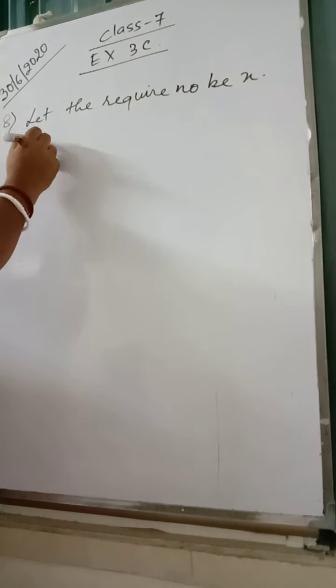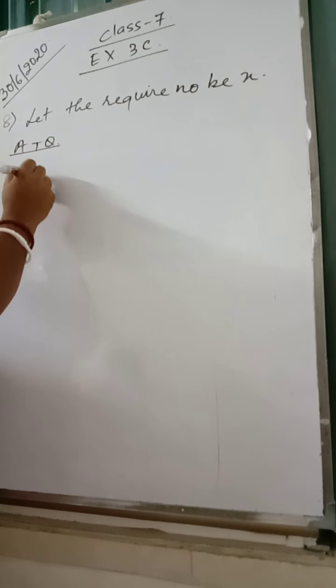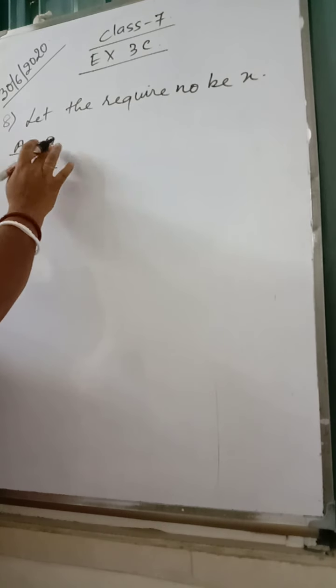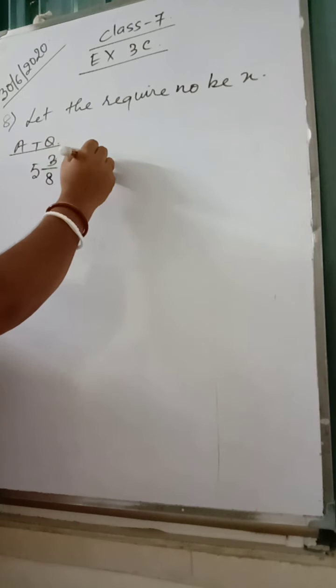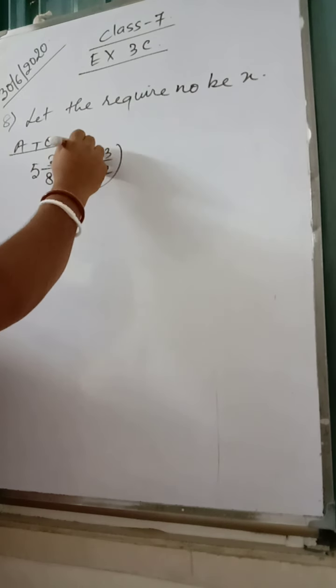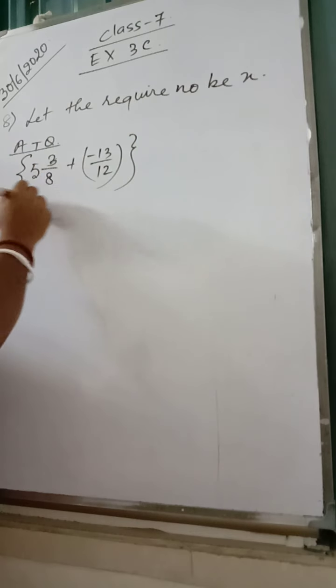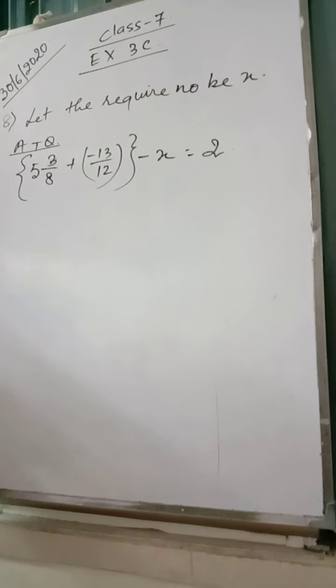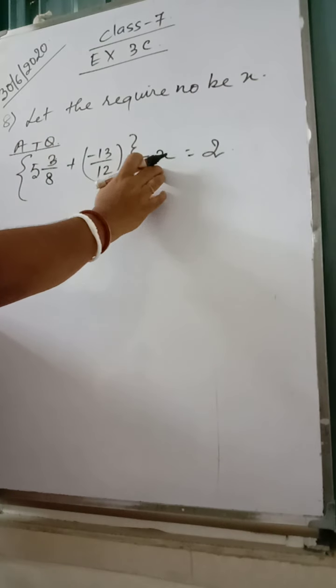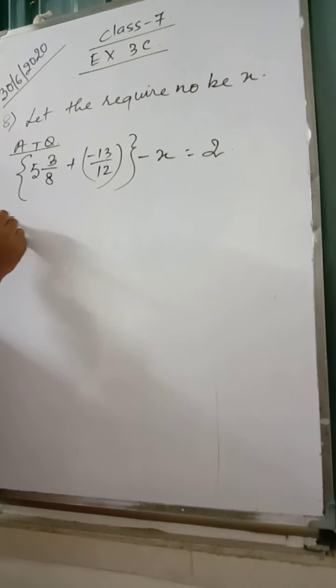So according to the question, we have the first number 5 whole 3/8 plus minus 13/12 minus x is equal to 2. This is the question we have: what should be subtracted from the sum of these two numbers to get 2? So I have taken the required number to be x. From the sum of these two numbers, I am subtracting x, so the answer would be 2.